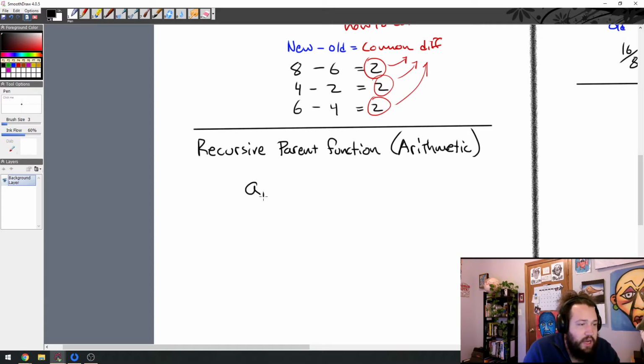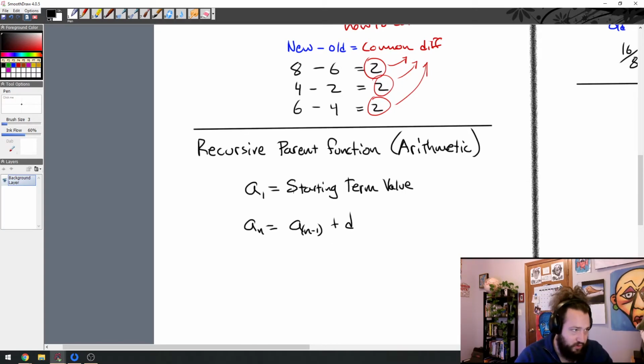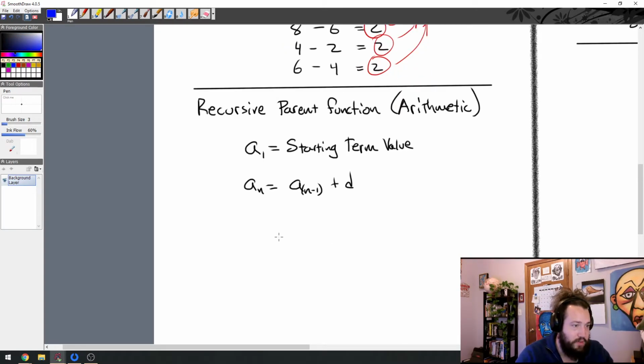I would have A1 equals always just my starting term value. And then I would have AN equals AN minus 1 plus D. And then to simplify some of these terms, AN is my newest term.